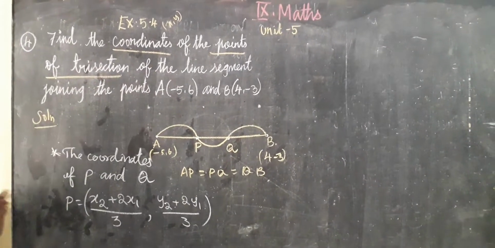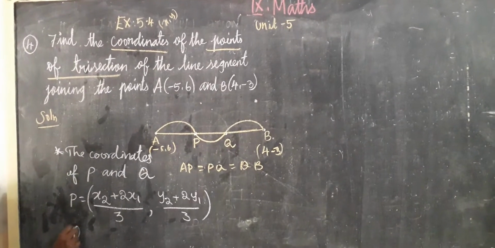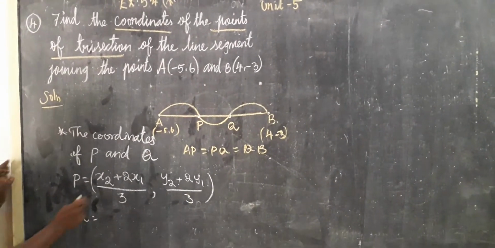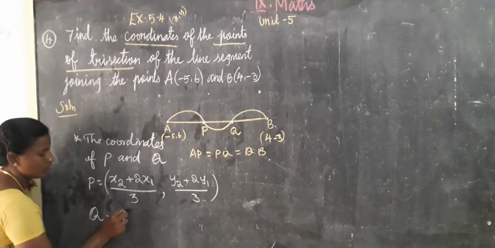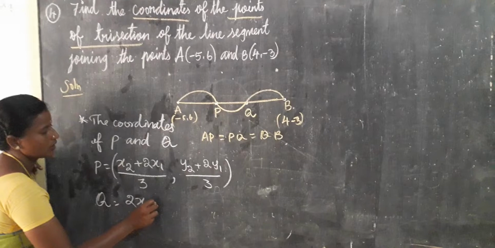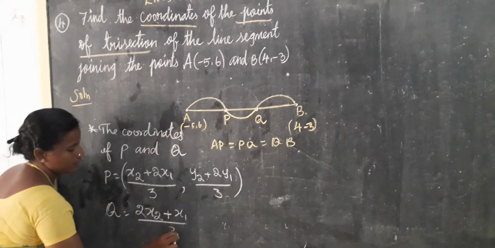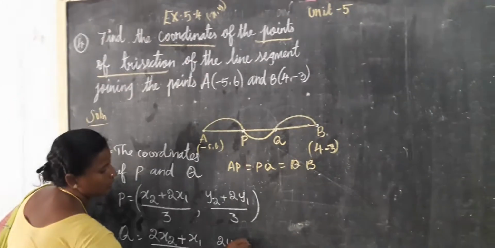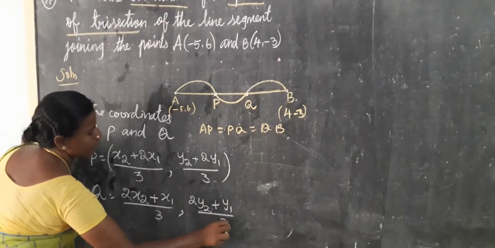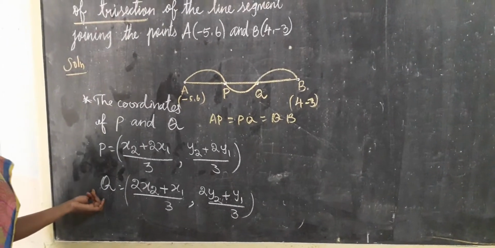And point Q, just interchange the 2 in front: 2x2 plus x1 divided by 3, comma 2y2 plus y1 divided by 3.